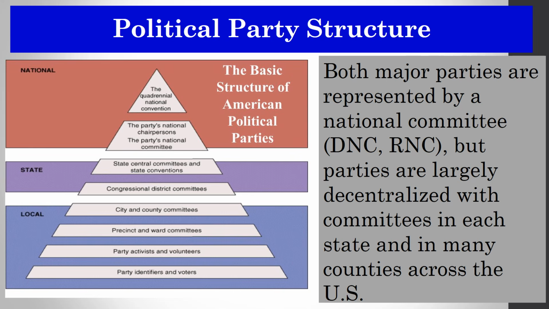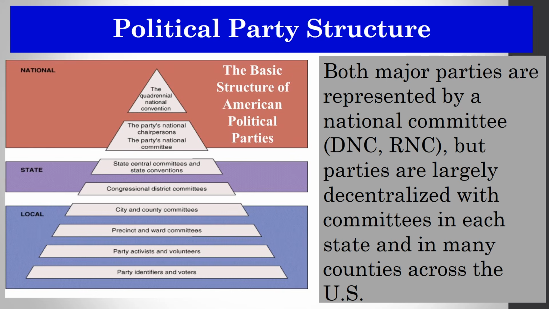Right? And so both major parties are represented by a national committee, the DNC and RNC. We already talked about those, the Democratic National Committee and the Republican National Committee. But the parties are largely decentralized, with committees in each state and in many counties across the U.S. And what that means is that even though there is a national Democratic committee and a national Republican committee, every single state also has a Democratic committee and a Republican committee.